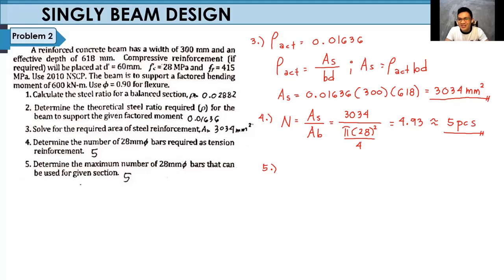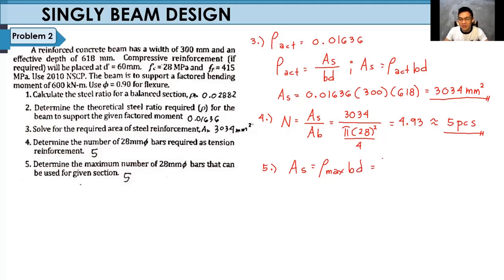So, maximum number of bars. So, yung ating gagamitin na rho is yung rho max, di ba? Kunin muna natin yung rho max natin. AS natin is equivalent to rho max multiplied by bd. Kasi maximum daw yung gagamitin natin na bars.